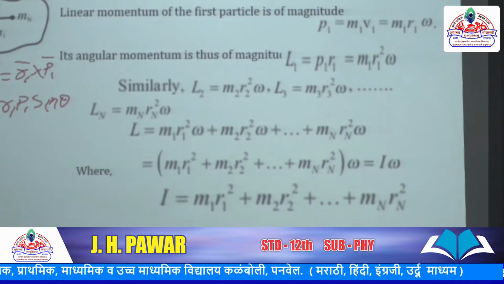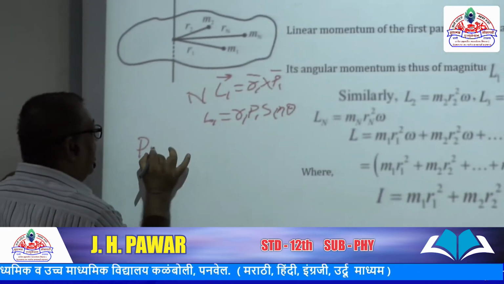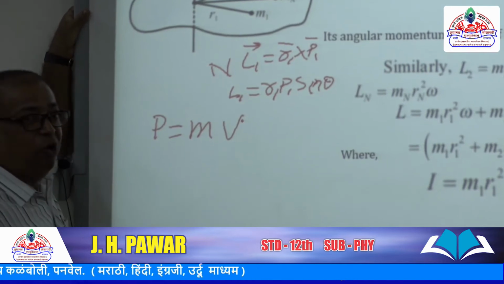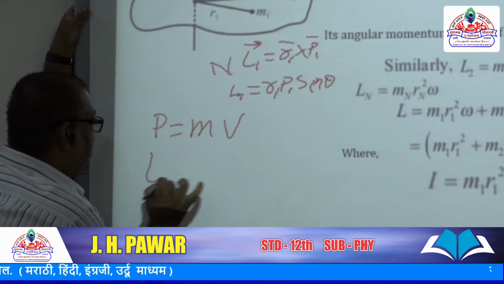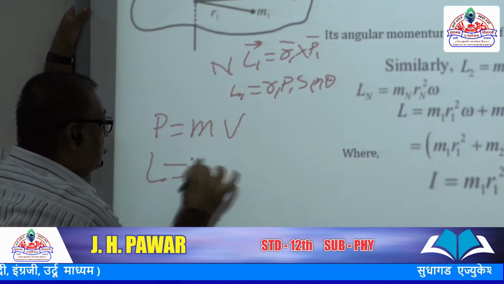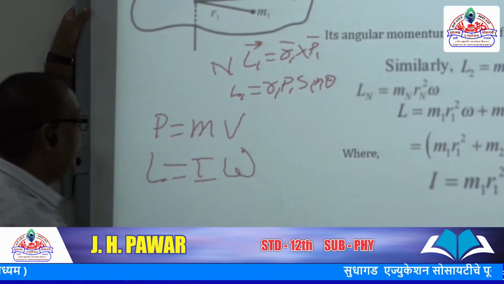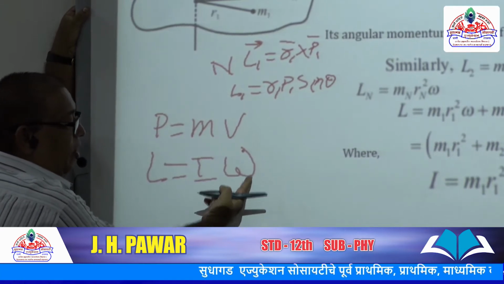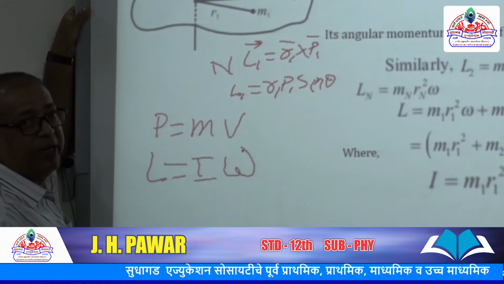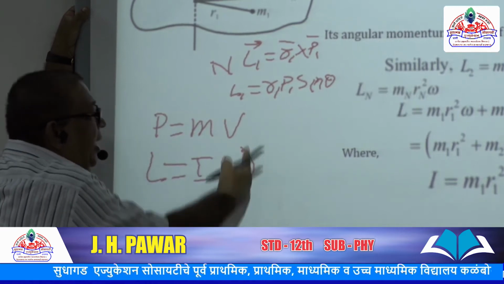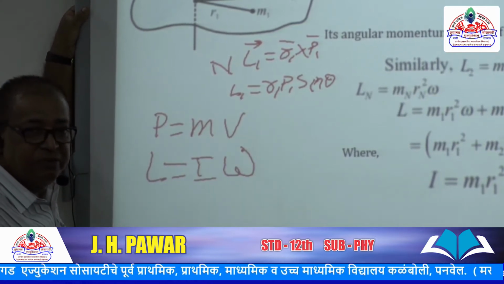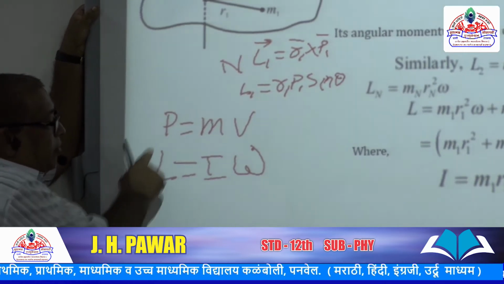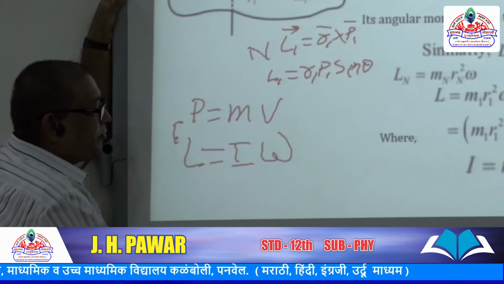So angular momentum equals I into omega. Note that linear momentum equals m into v, the translational analogy, but in rotational motion L equals I into omega. Angular speed and linear speed are analogous, and angular momentum and linear momentum are analogous with each other.